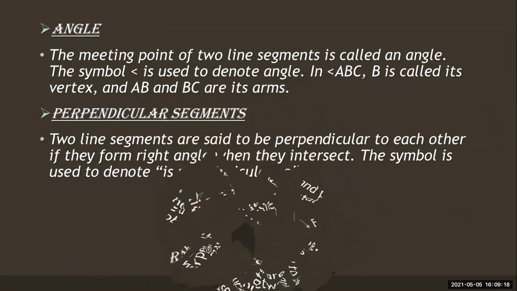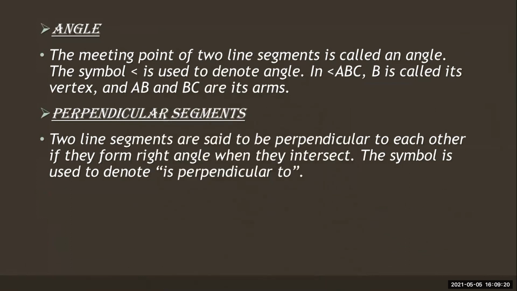Angle. The meeting point of two line segments is called an angle. The symbol angle is used to denote angle ABC. B is called its vertex, and AB and BC are its arms.